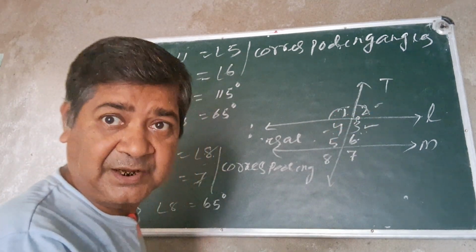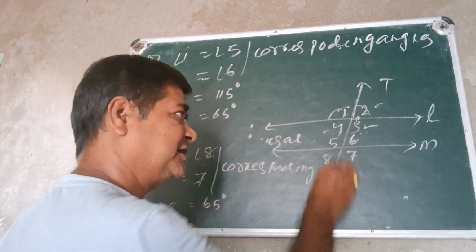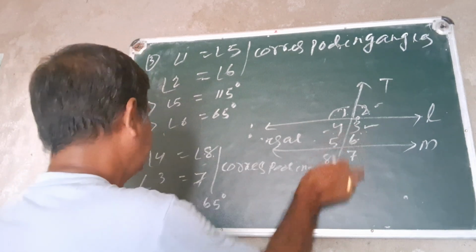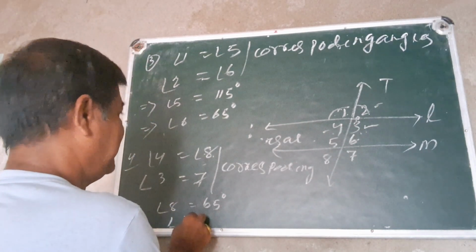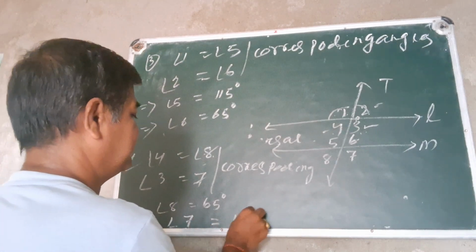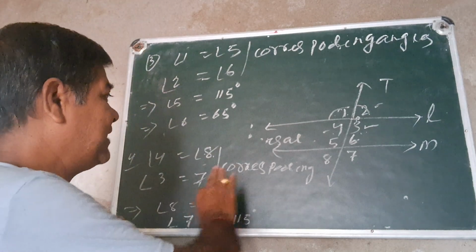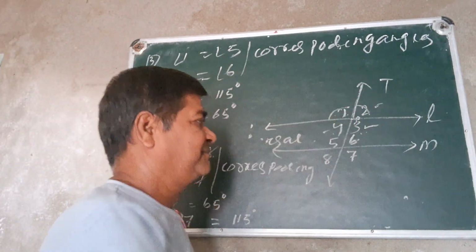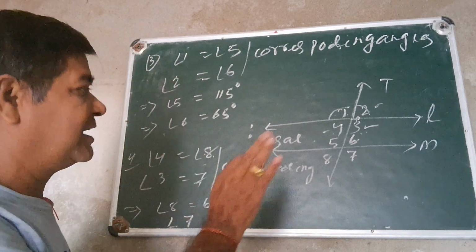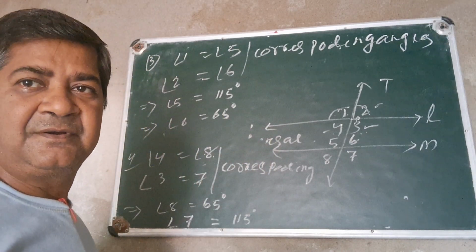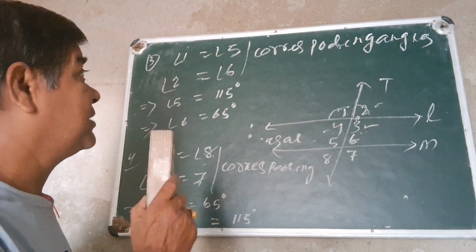Angle 1 is 115 degrees, so angle 3 is also 115 degrees. Angle 3 equal to 7, that implies angle 7 equal to 115 degrees. In this way, now we got all 8 angles. Complete. Now we are going to proceed to number 2.